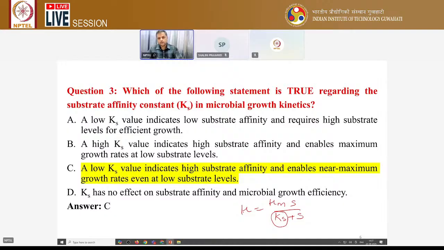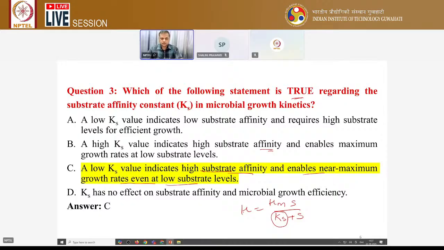It says, which of the following statements is true. The first option: low Ks indicates low substrate affinity and requires a high substrate level for efficient growth. The B option: a high Ks value indicates high substrate affinity and enables maximum growth rate at a low substrate level. The third option: a low Ks value indicates high substrate affinity and enables near maximum growth rate even at low concentration.